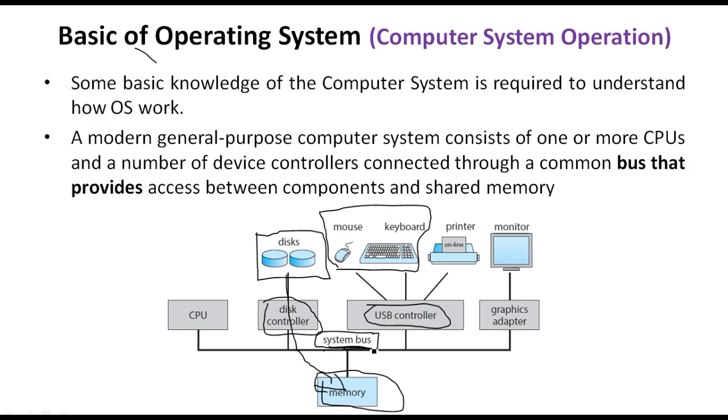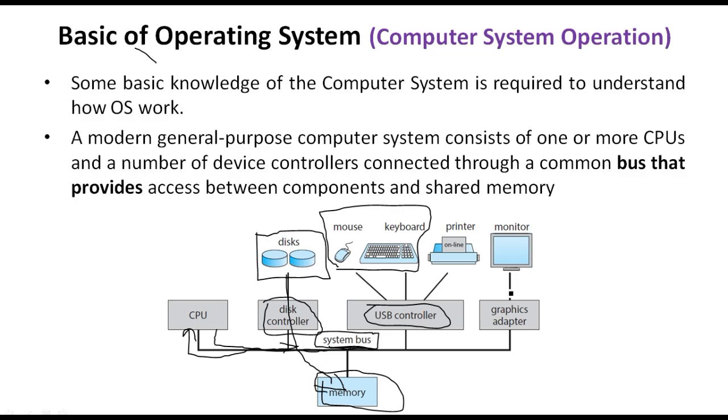So through the system bus the data is transmitted from input to memory, and similarly any process which wants to occupy the CPU is transmitted from memory through the system bus to the CPU. After execution of the process, again the result is sent through the system bus to the respective devices.